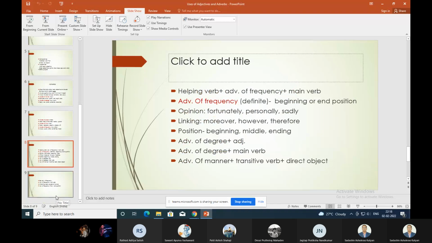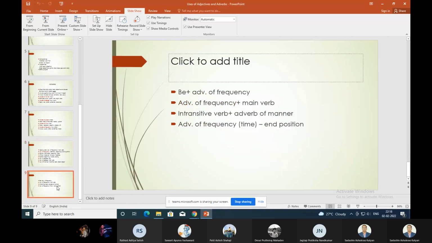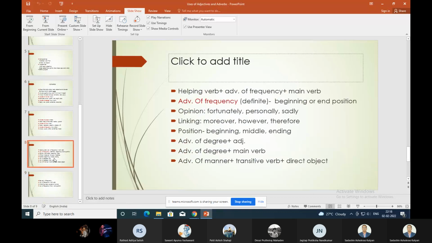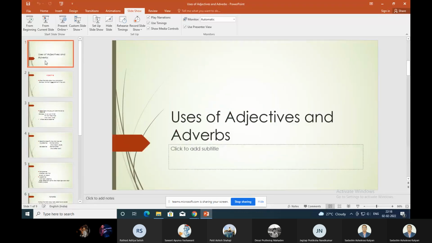So I am sure that the study of all these, what is meant by noun, pronoun, adverb, and adjective, is going to be very helpful to you related to grammar.